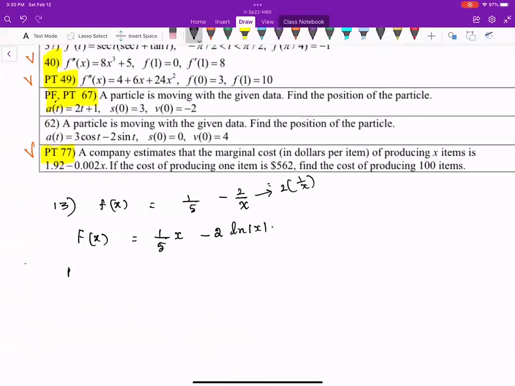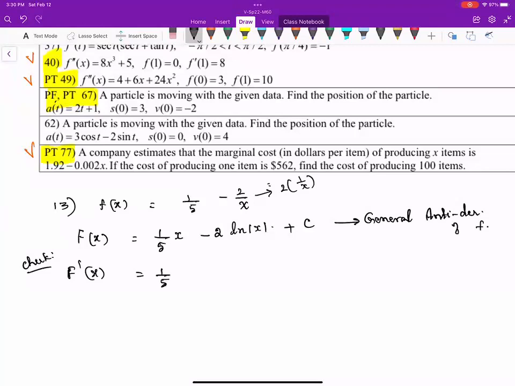So if we want to check whether our answer is right, because it's a general antiderivative, we'll add a c. So if you differentiate this function, it is 1 over 5 times x.